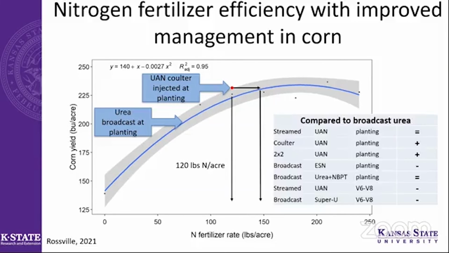And this is just one year, with multiple locations, but it is just one example. We have multiple strategies and management options, such as coulter injected UAN, which has higher efficiency, and 2x2, putting the nitrogen 2x2, also higher efficiency. Others are basically equal in terms of efficiency.